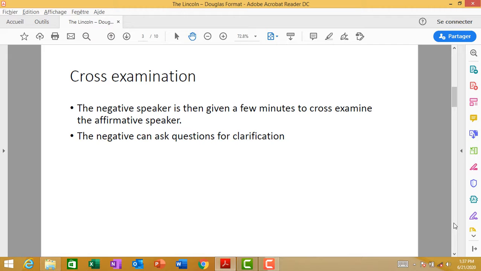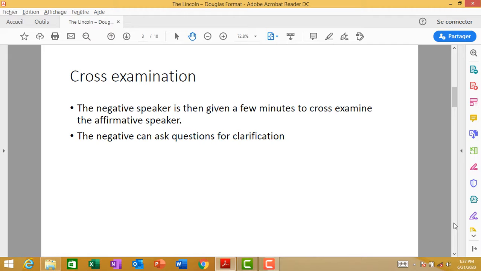So when the first speaker is done presenting their constructive speech, the negative speaker is given a few minutes to examine the affirmative speech. That means there will be some pauses.